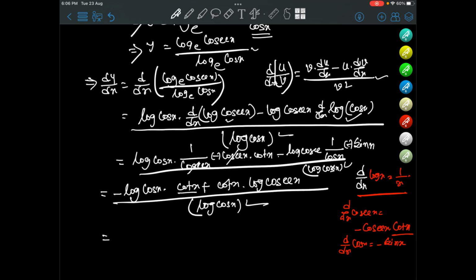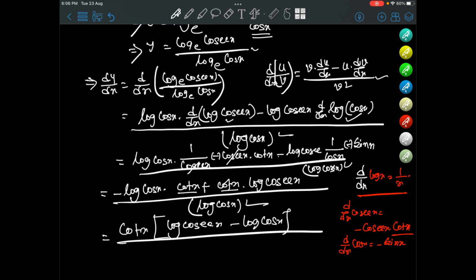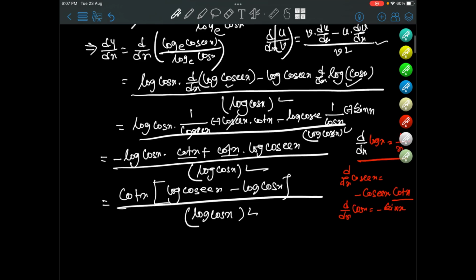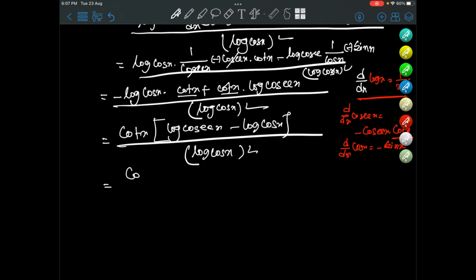Now we can take cot x common from both of these terms. What we are left with is log of cosec x minus log of cos x, divided by log of cos x whole square. Let's write it again: log of cosec x by cos x.